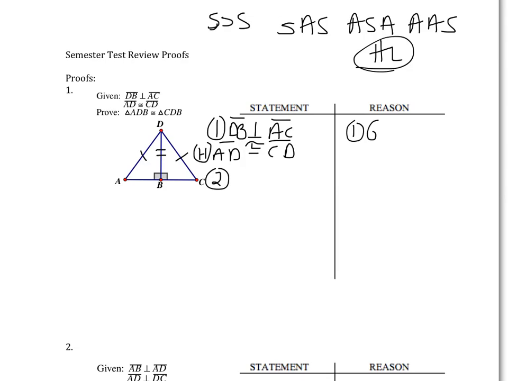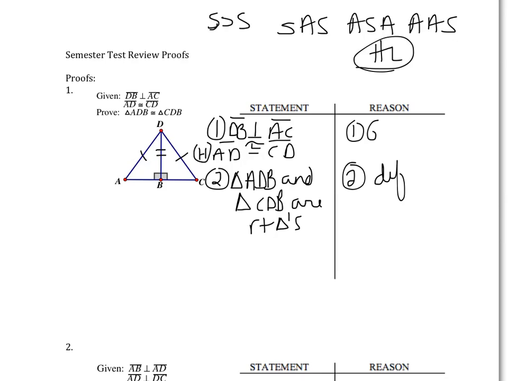The other one allows me to say that triangle ADB and triangle CDB are right triangles. This is also another crucial piece of information because we can't use HL if we don't have right triangles. So we can say definition of right triangles for this case.